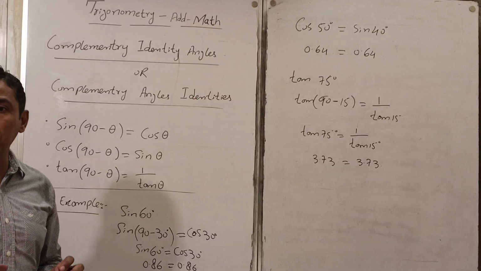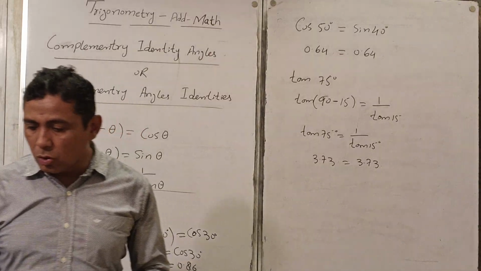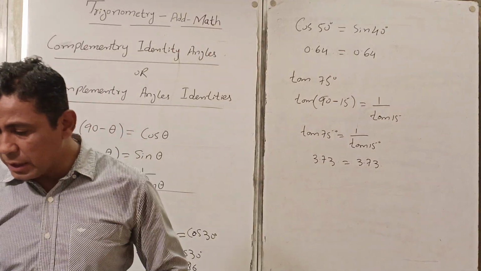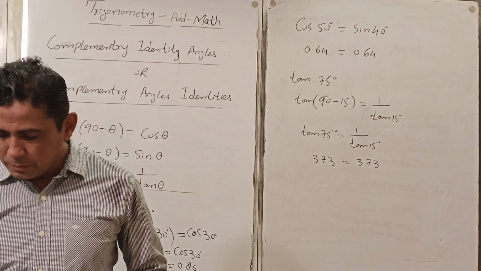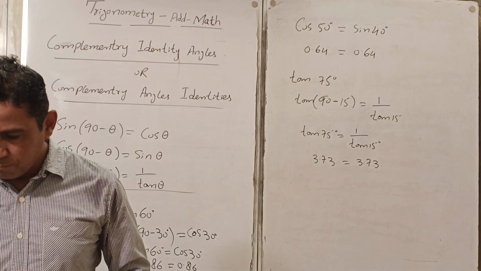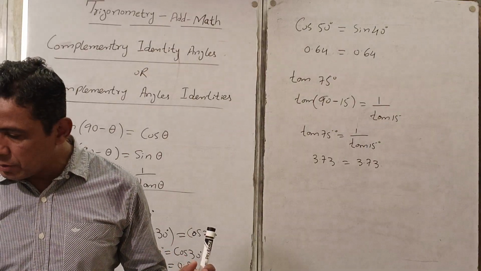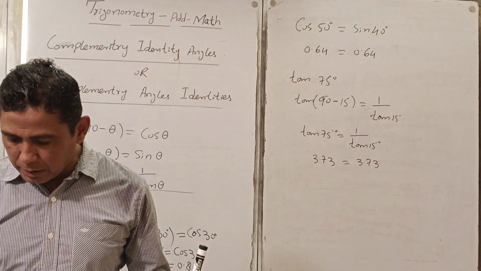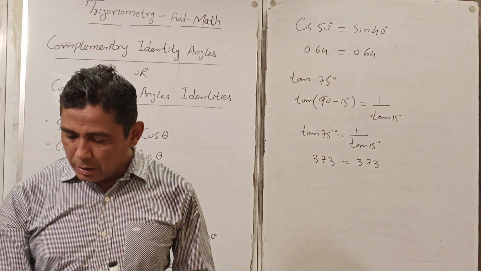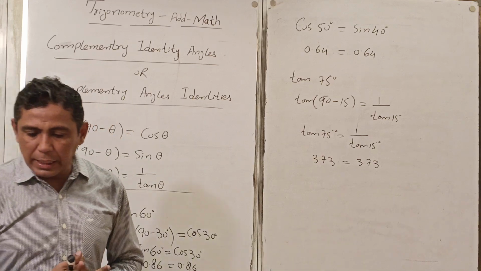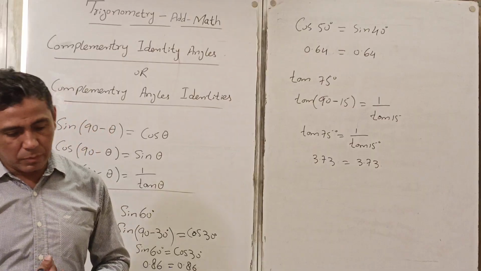Have you cleared this one? So now the next, trigonometric ratios we have covered, and the next is negative angle identities.